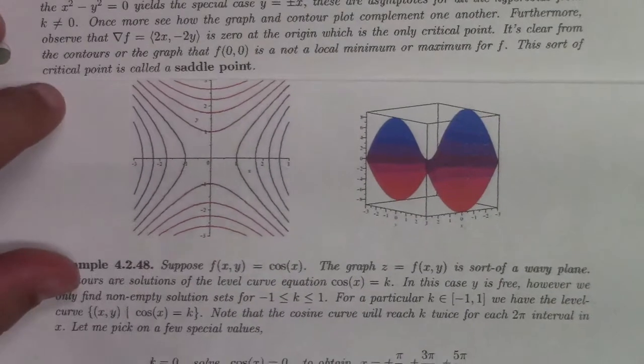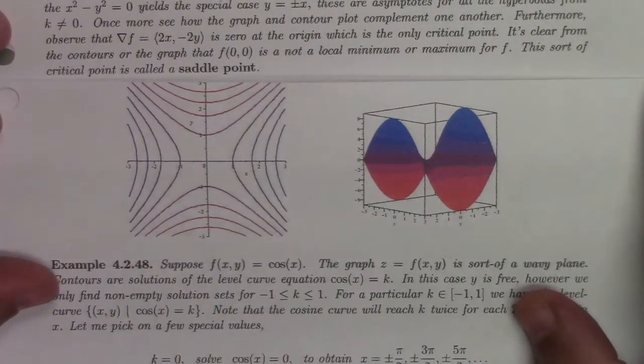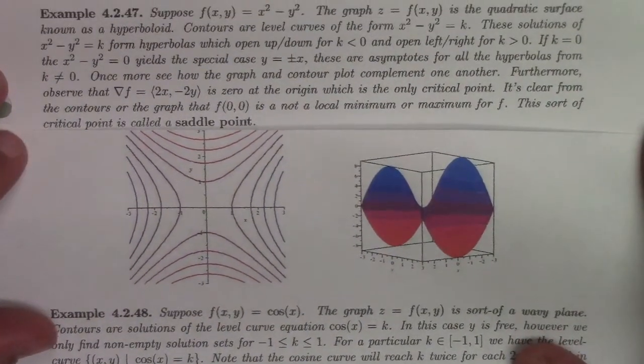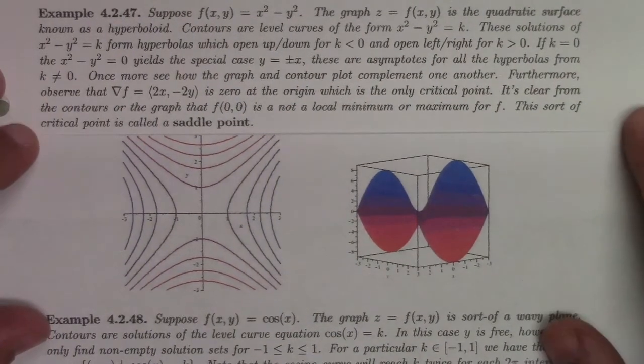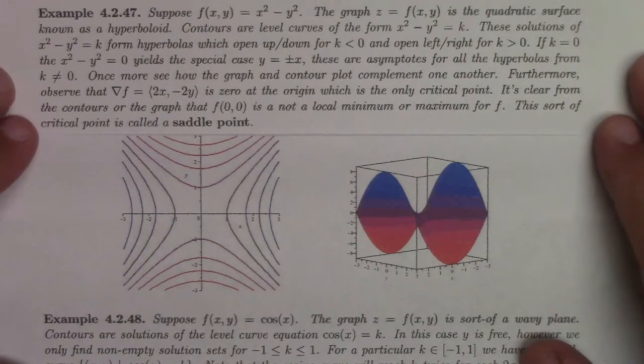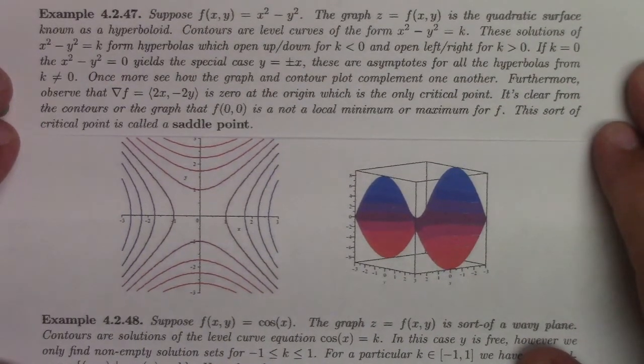There we go. So here we have, again, the level curves are hyperbolas that open up or down or left or right, depending on whether we're positive or negative.